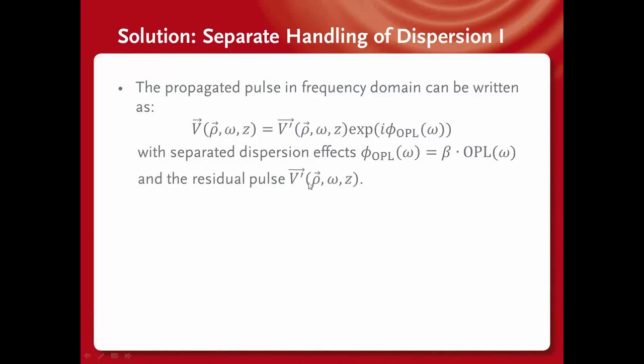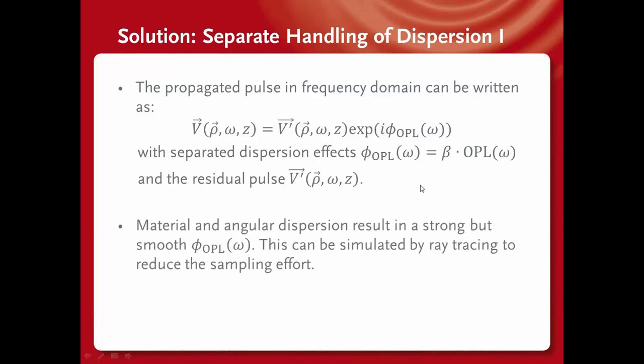And we have here a residual pulse, which also obviously has a residual phase. And it turns out that material and angular dispersion results in a strong but very smooth variation of the optical path lengths for the different frequencies. So that means that this can be simulated by ray tracing to reduce the sampling effort.